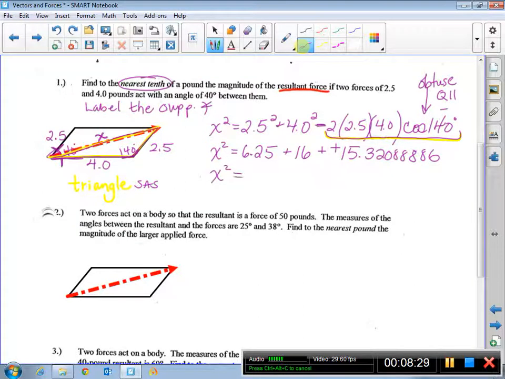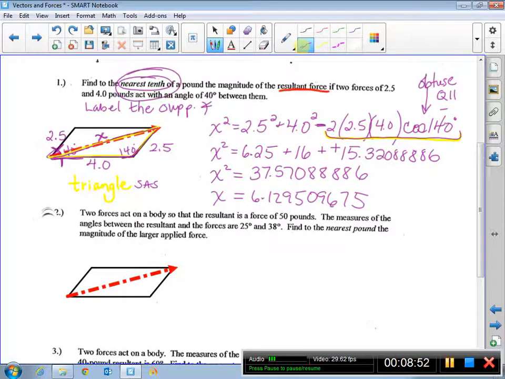So let's see, we end up with the sum 37.570888886, and then of course we're just looking for x, so square root that, write all the dirty decimals down, and check your rounding to the nearest tenth.